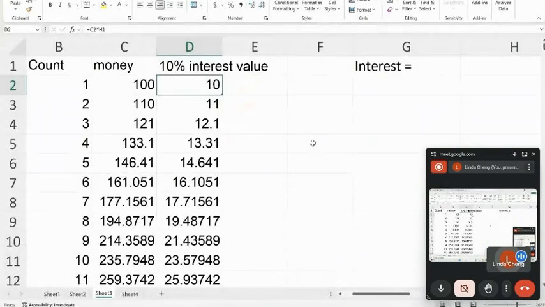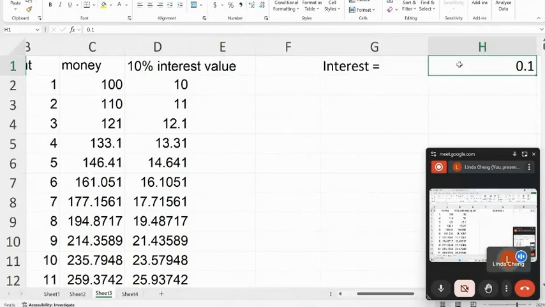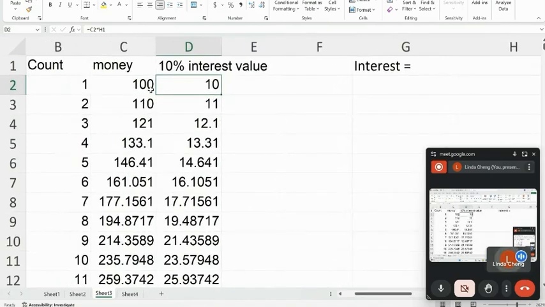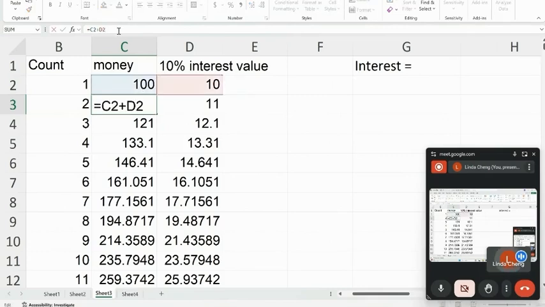So let's say your interest value is 10%, which translates to 0.1 in decimal. For your $100 investment, you get $10 back. The next month, what compound interest means is that in month number 2, your total is the sum of the previous two numbers, added together.